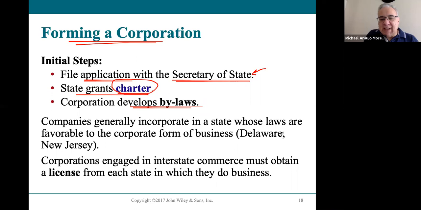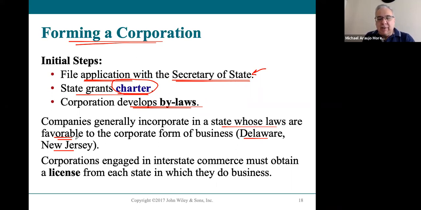There are some states like Delaware and New Jersey that have laws on the books that are quite favorable to corporations that are applied for and approved in that state.